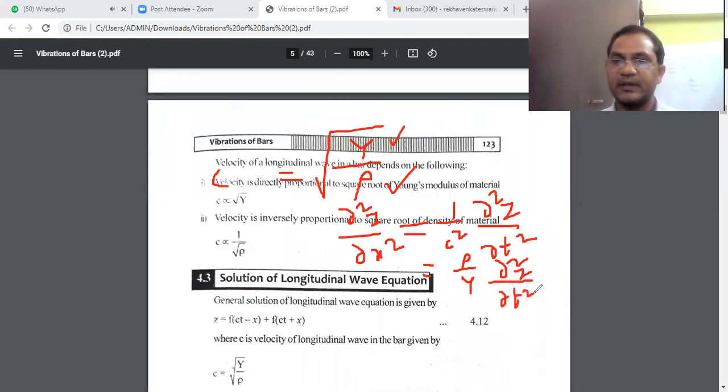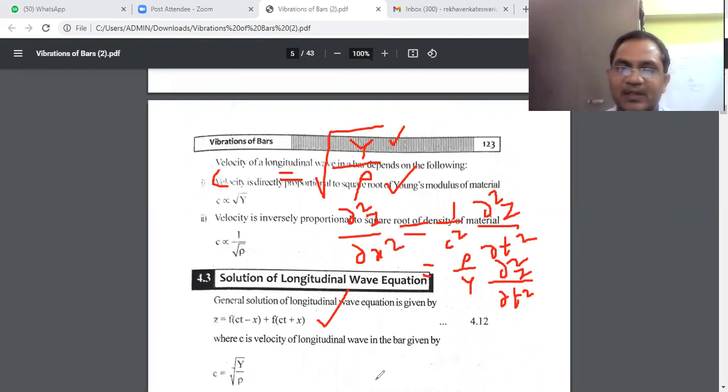For this longitudinal wave equation, the general solution has the form z equal to f of (ct minus x) plus f of (ct plus x).